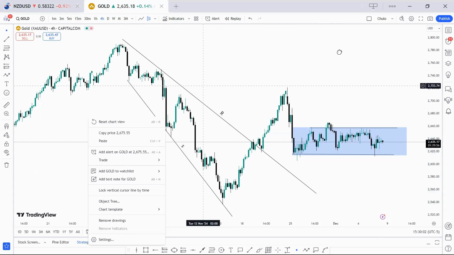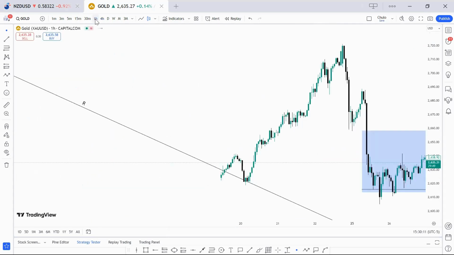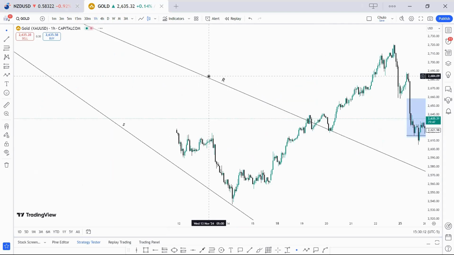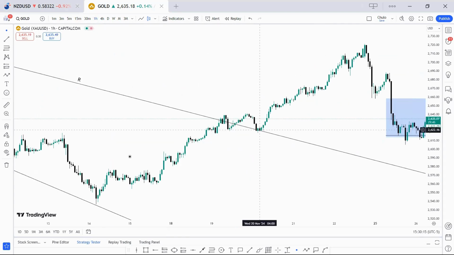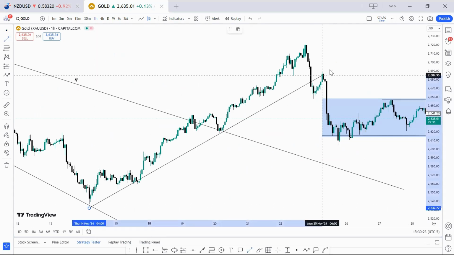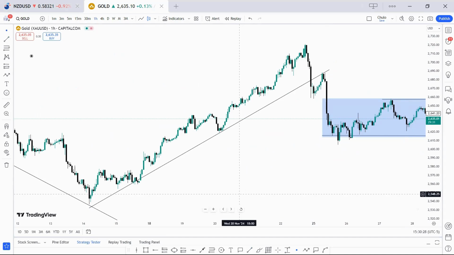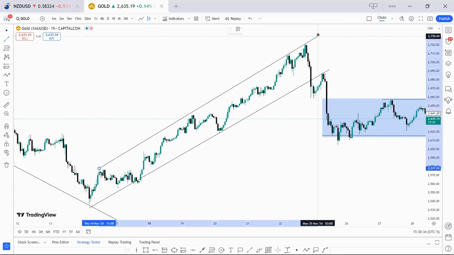Then let's look out for a bullish support and resistance. I have one here. Here we have the perfect support and resistance.